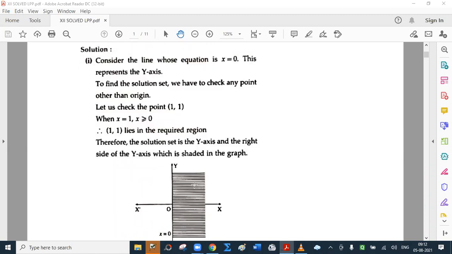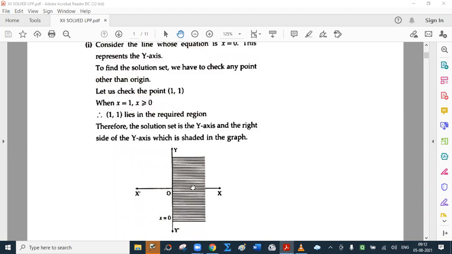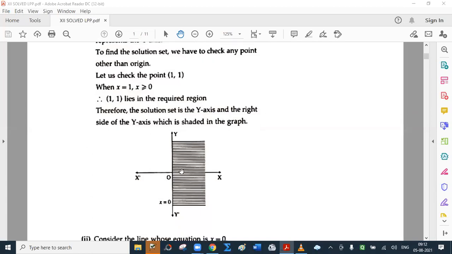So the region to the right of the y-axis must be the graph. You may show arrowheads also. That stands for the infinite region, but this is also correct. Actually, it is not restricted to this much region, because every point on the y-axis and to the right of the y-axis is part of the graph.